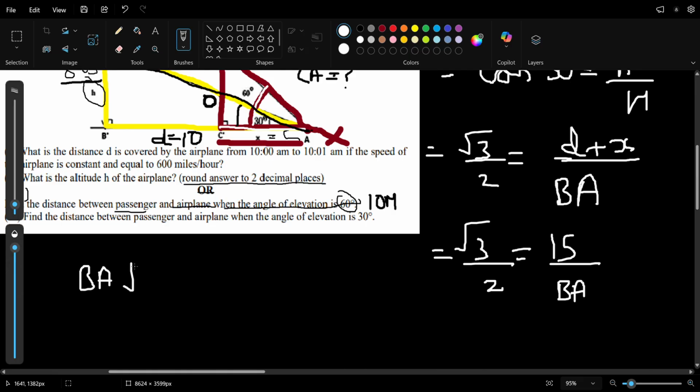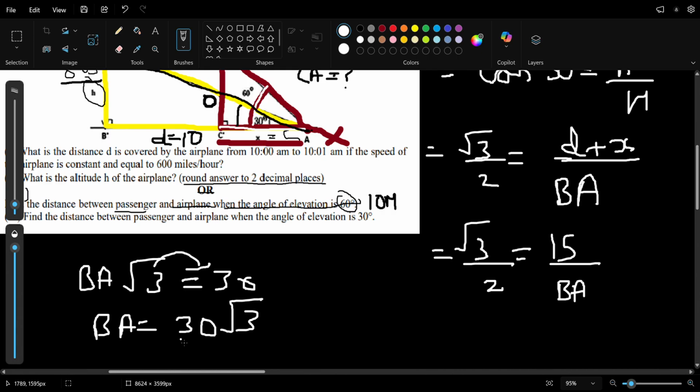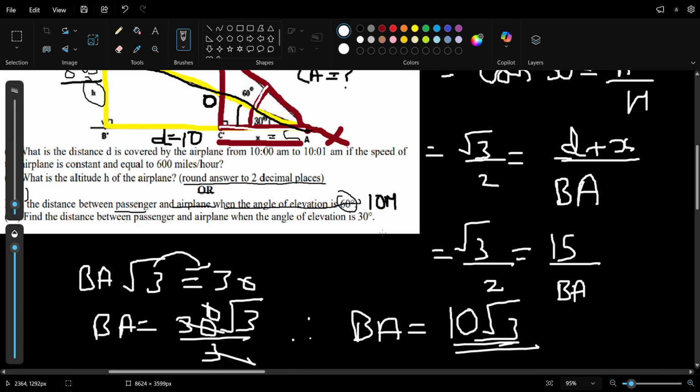Now 15 into 2 by root 3 is equal to BA. Now this will go this side. We get BA is equal to 30 root 3 by 3. And therefore, the distance between the passenger train when the angle of elevation is 30 degrees is 10 root 3.